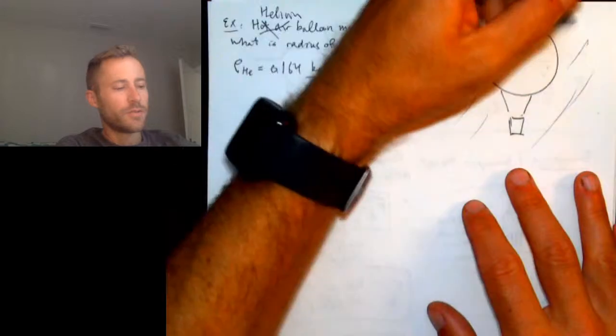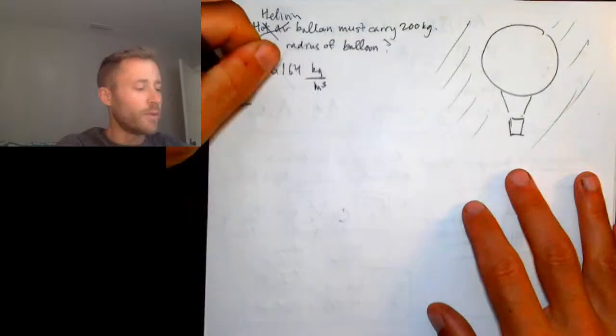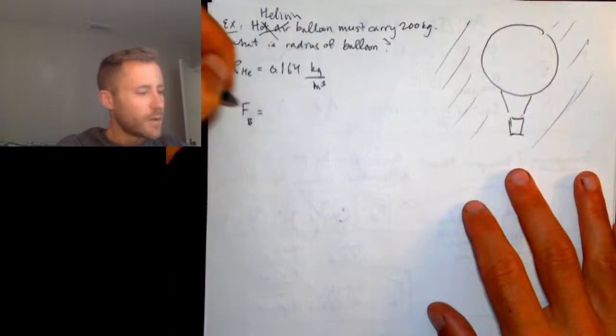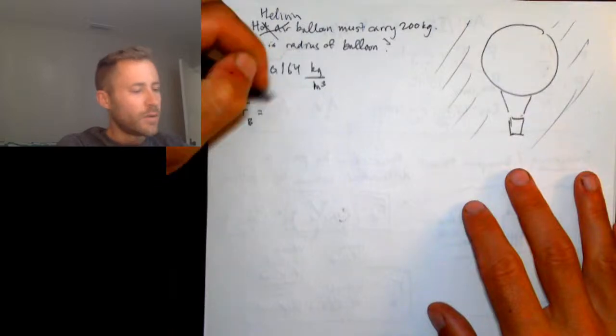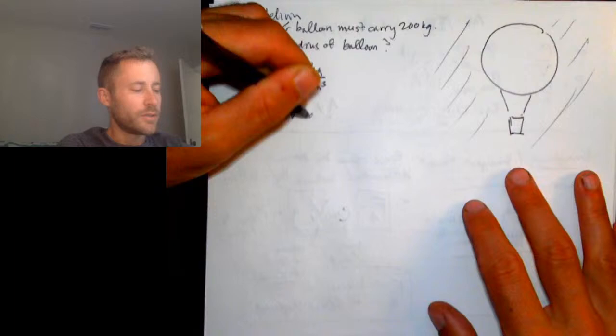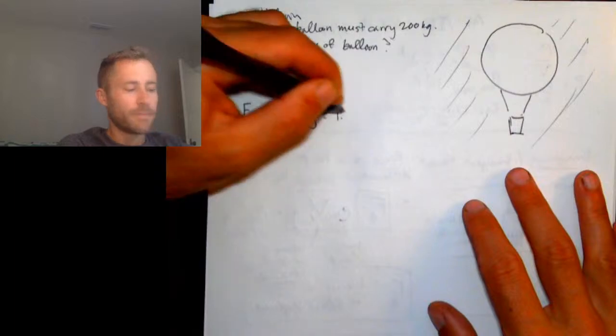So air is the fluid that is providing the buoyant force. So the buoyant force is going to be equal to the density of the surrounding fluid times the volume displaced times gravity. So the density of the surrounding fluid is air, 1.2 kilograms per cubic meter.